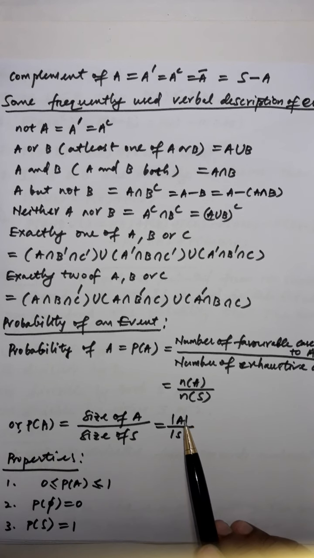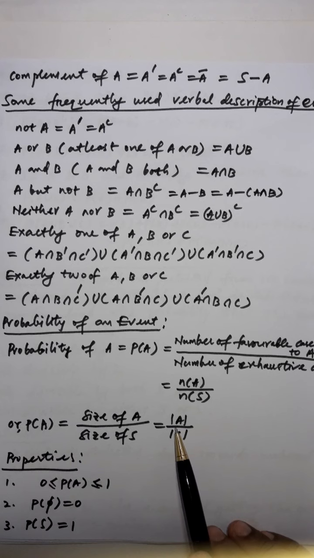Let me tell you shortly that an event or a sample space are nothing but sets, and a set contains numbers or elements. Sets are of two categories: they can contain real numbers or natural numbers, so they may be finite or infinite sets, countable or uncountable sets.